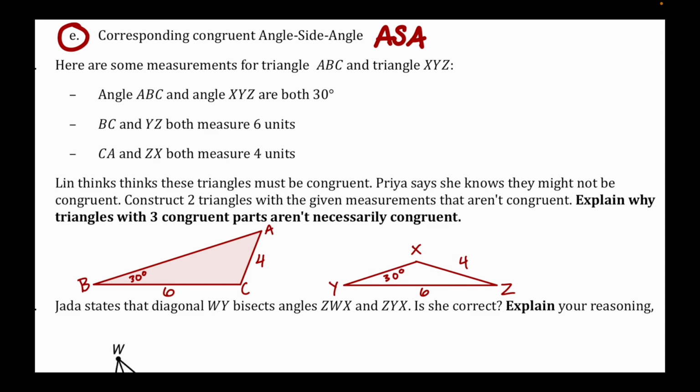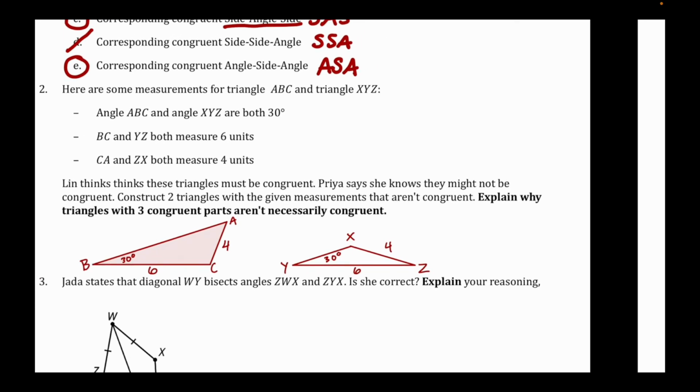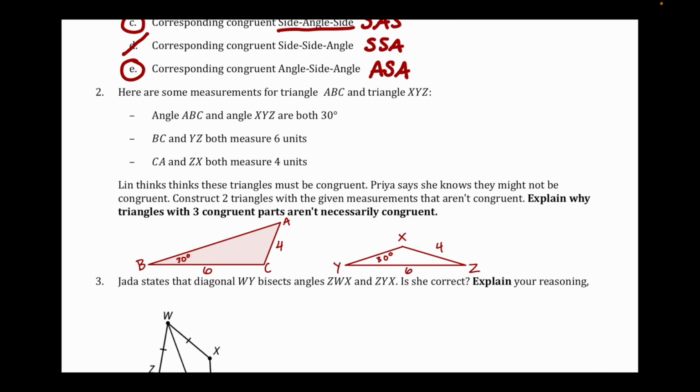So, explain why. Oh, how can I put this in words? Okay. Technically, this happens when we have the shorter side opposite from the angle that they give us. So if our longer side is here at the bottom, our shorter side can actually either extend this way or this way.